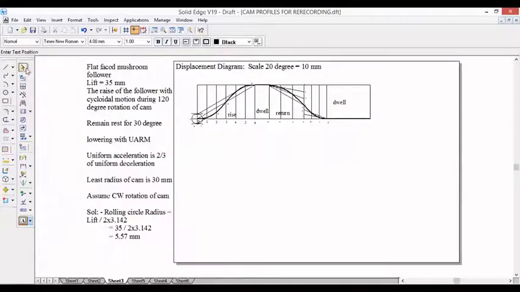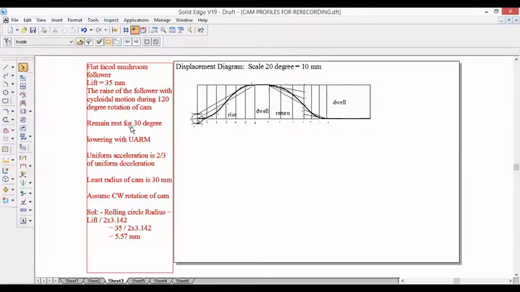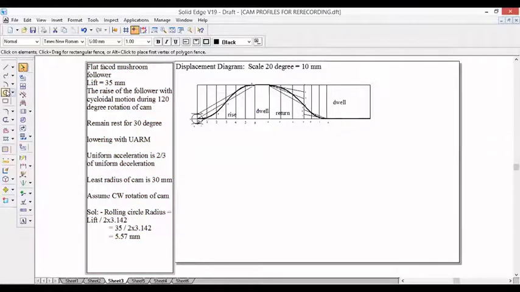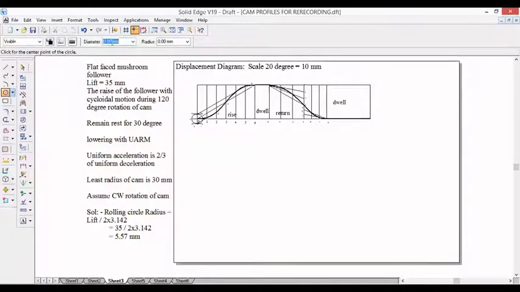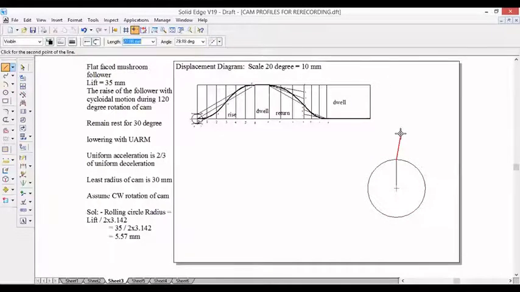The minimum radius of the cam is 30 mm. So draw a circle, diameter 60 mm, radius is 30, so diameter is 60. Place it and draw a vertical line from the center to the circumference.